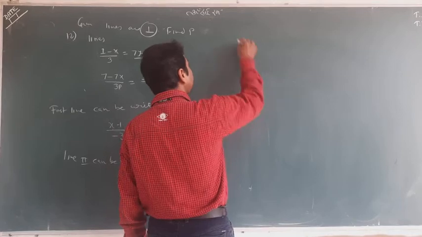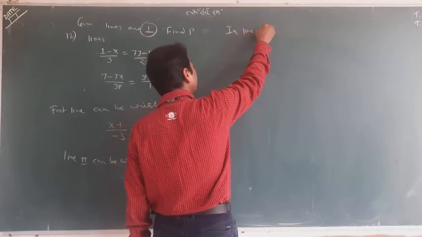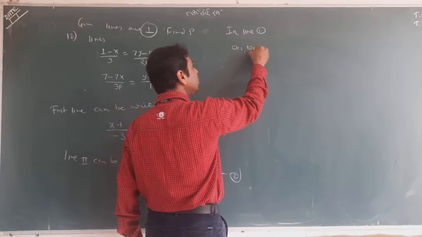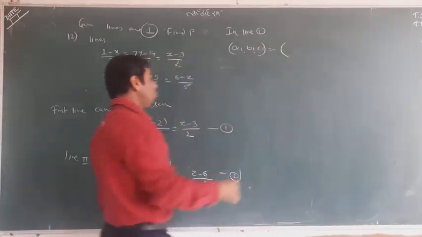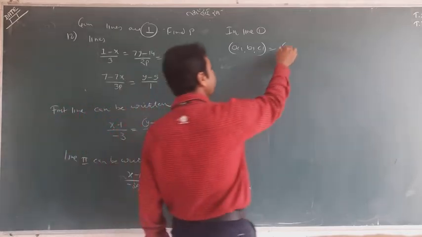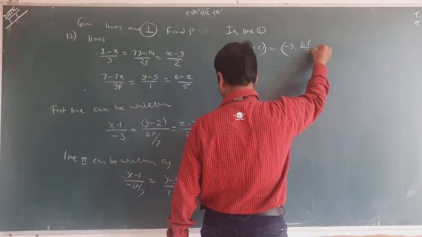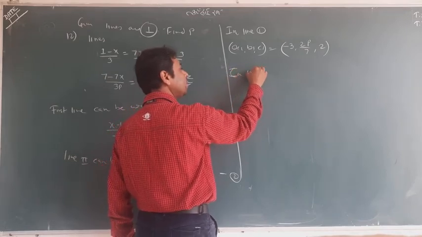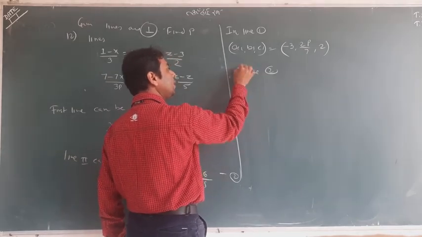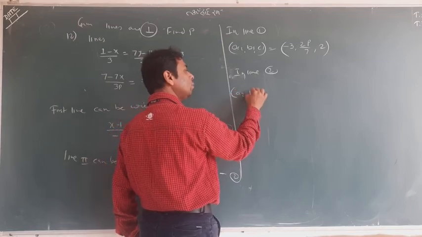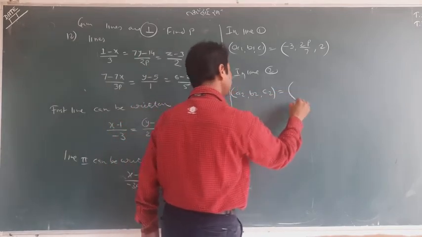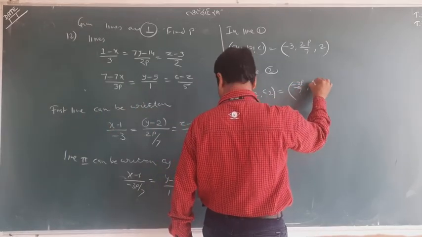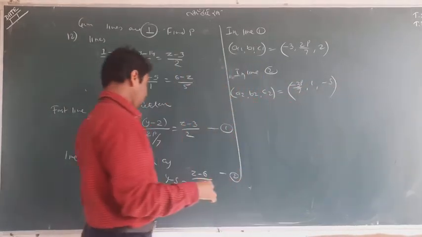In the first line, a1, b1, c1 is the ratio of the first line: look at minus 3, 2p/7 and 2. And in line 2, we have a2, b2 and c2 as 3p/7, 1 and minus 5.